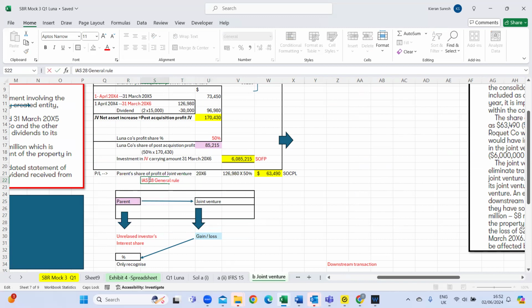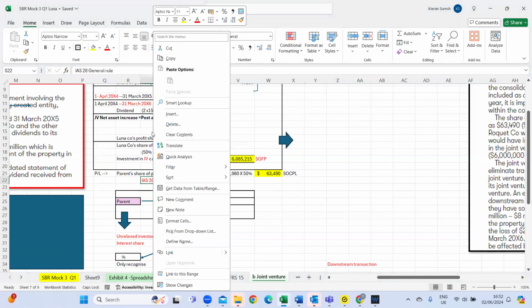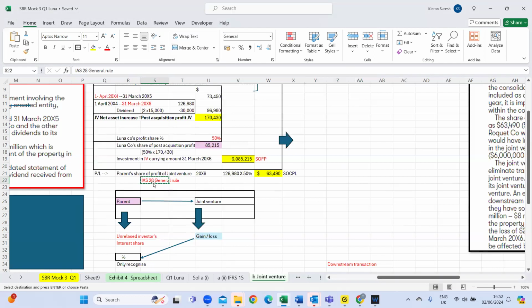So there is a general rule that we are trying to learn here.